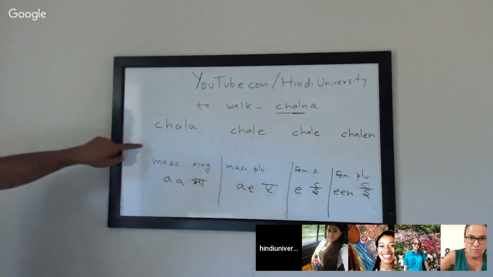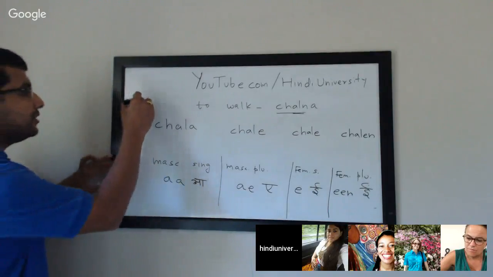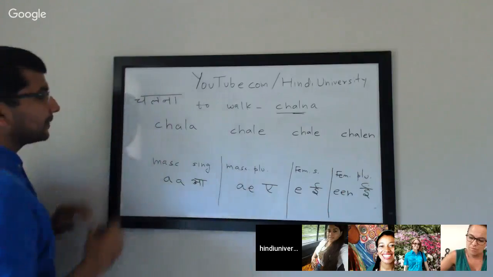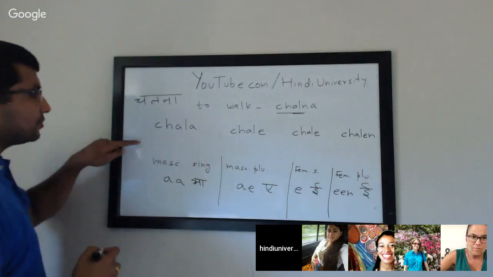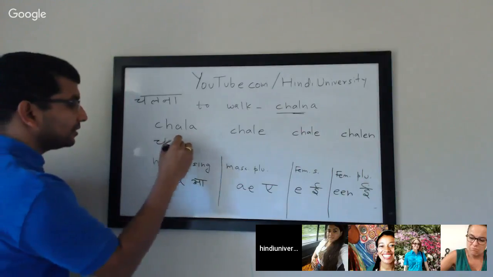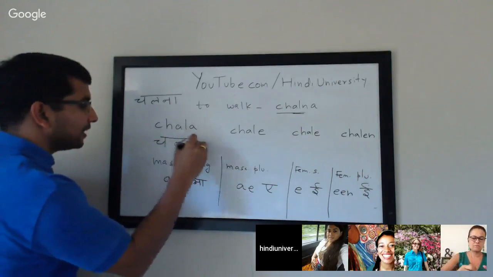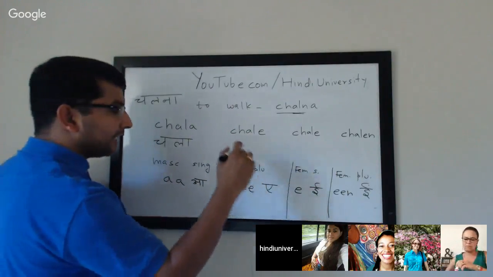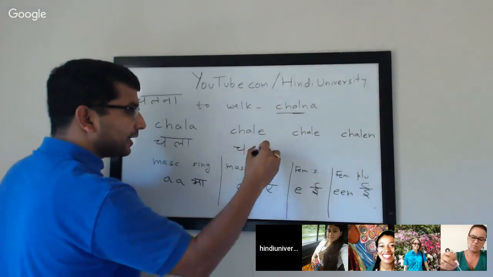Right? So as you know, when you write chalna, you will have chala and then na. For masculine singular, you will put chala. So it's cha and then la. Chala. For plural, as you know, it's e. So you have a base cha and then le.